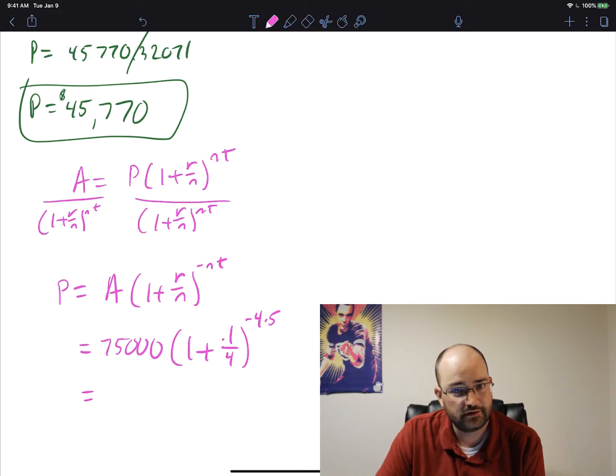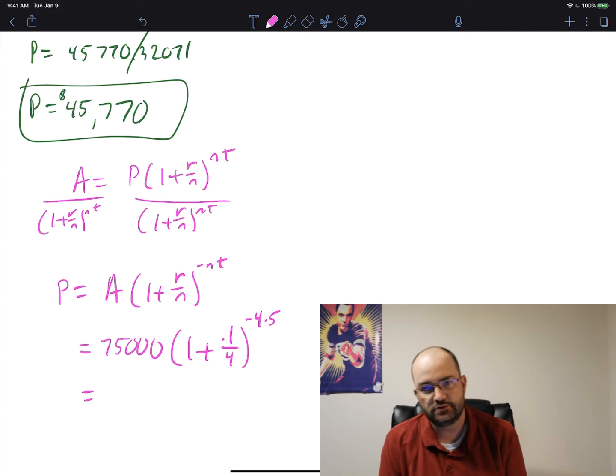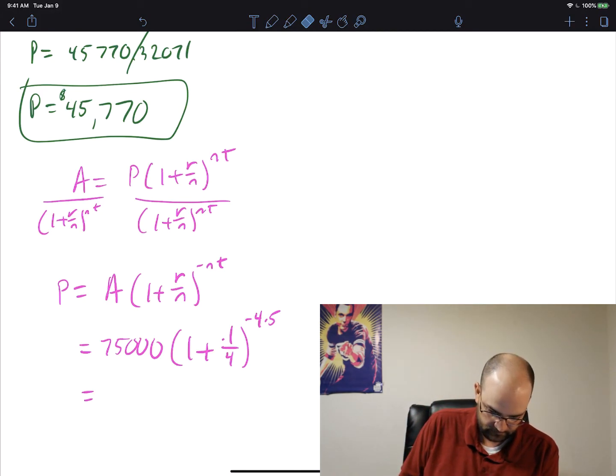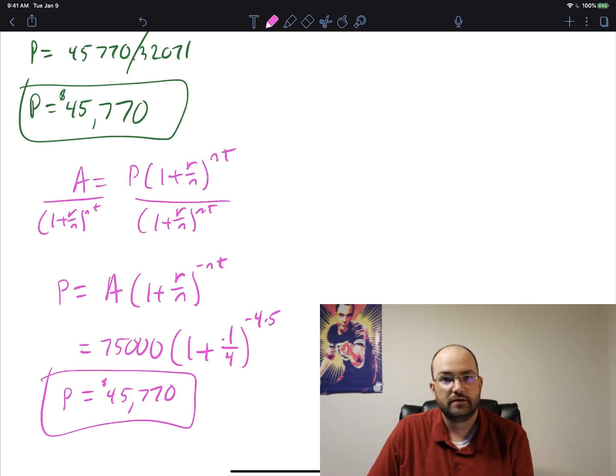Make sure it's a negative, not the minus sign, which again will give us $45,770.32071, which will be $45,770.